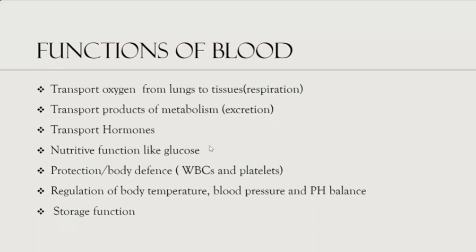Blood is also important in regulating body temperature, blood pressure, and pH balance. Blood is also important as a storage medium, in that it contains electrolytes, water, and proteins, and in case of scarcity, it can give out those products to the tissues that require them.